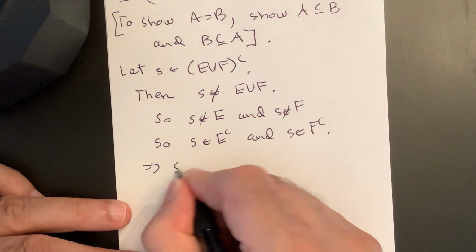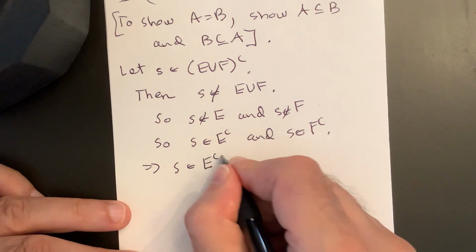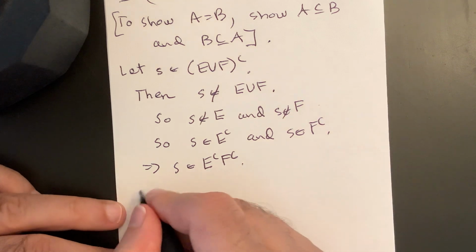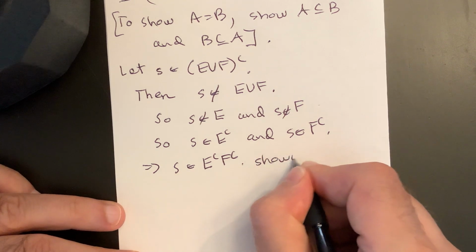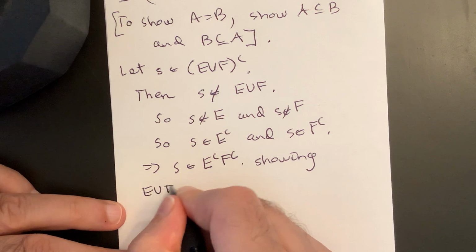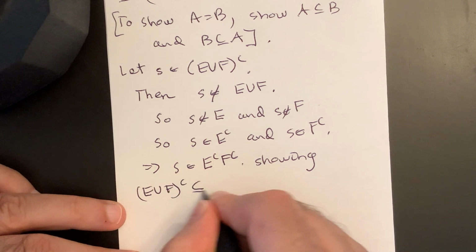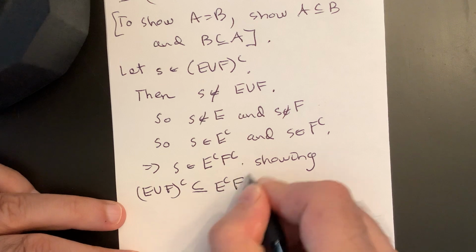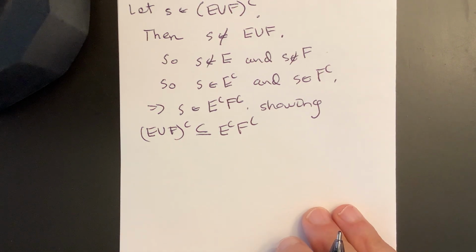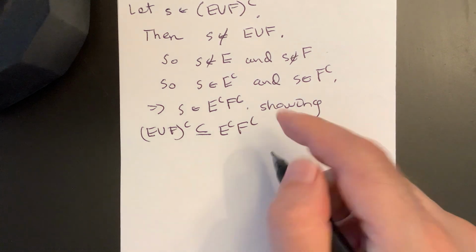So finally, s is in E complement intersect F complement. This shows that (E union F) complement is a subset of E complement intersect F complement, because I just showed that anything in (E union F) complement is in E complement intersect F complement.